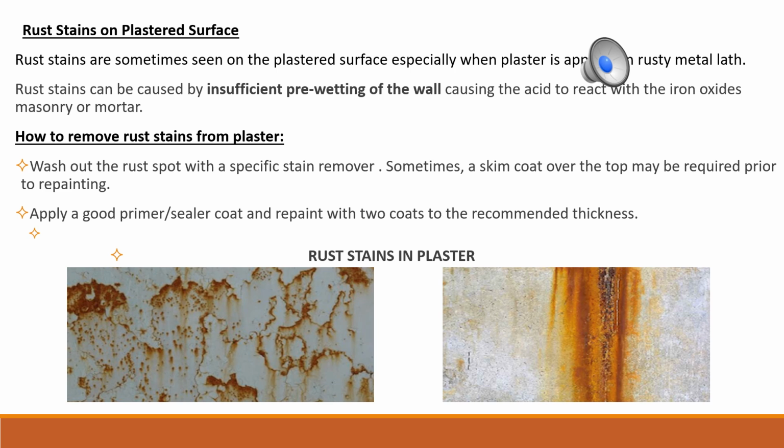If that is not worthwhile or cannot be done, then we have to apply a skim coat over the top of the plaster surface prior to painting, and then apply a good, sound primer sealer coat when you are doing the painting process on plaster. So these are the methods to remove the rusty stains from the plaster.